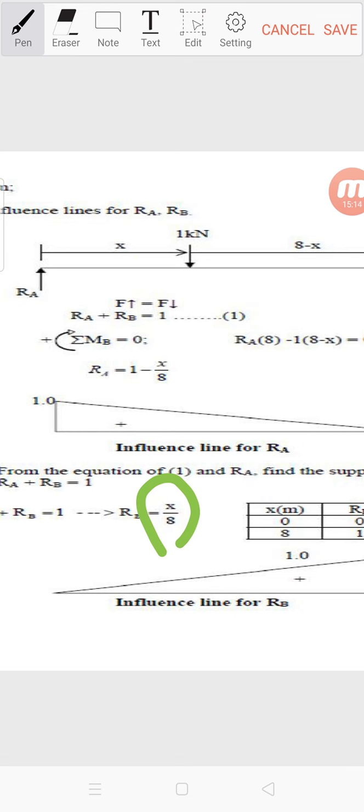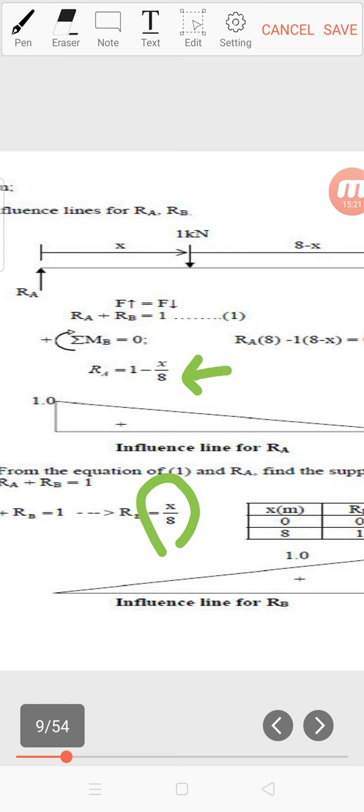From RA plus RB equal to 1, we will have RA equal to 1 minus x over 8.